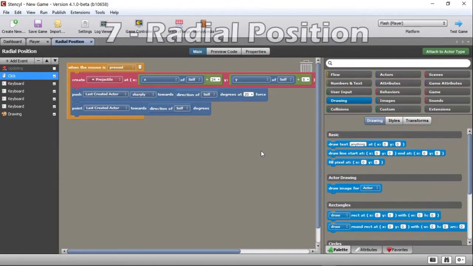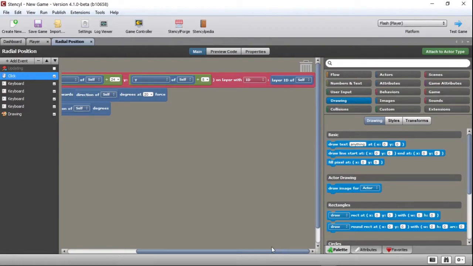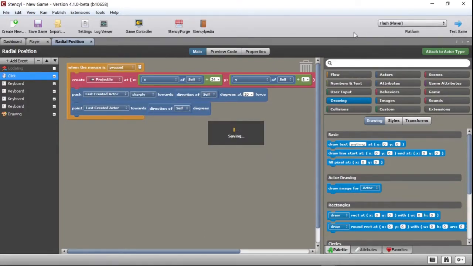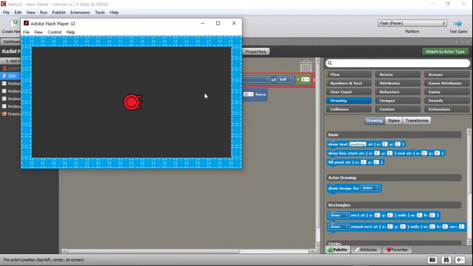To create actors relative to other actors, the operation usually goes position of self plus an offset, for example when creating projectiles. That works for non-rotating actors.